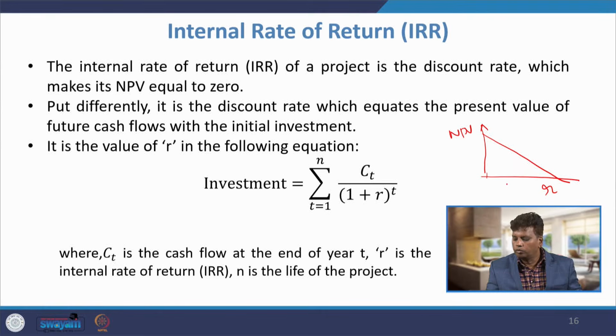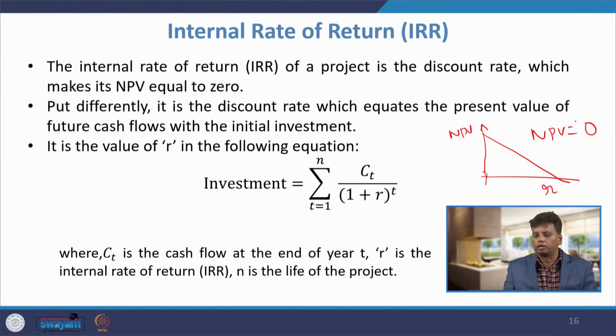When you increase the interest rate, the value of NPV will decrease, right. When you decrease the interest rate, the value of NPV will increase. So, we want to know a particular interest rate where your NPV is 0. The interest rate at which the NPV is 0 is nothing but your internal rate of return.